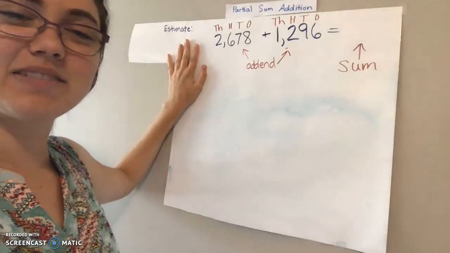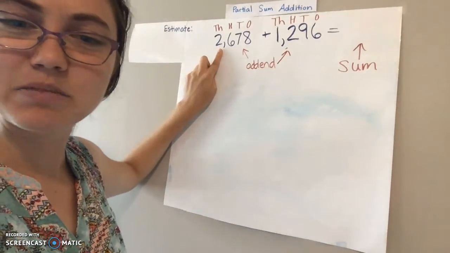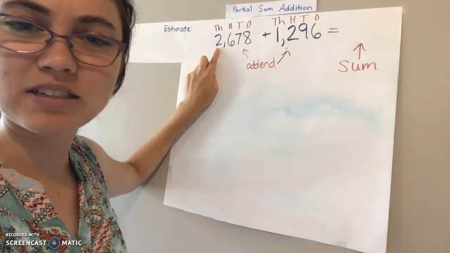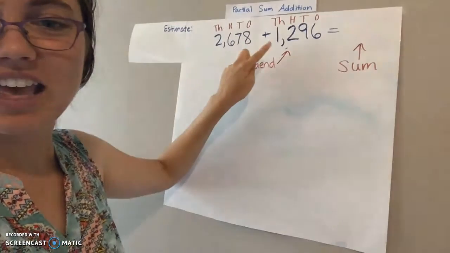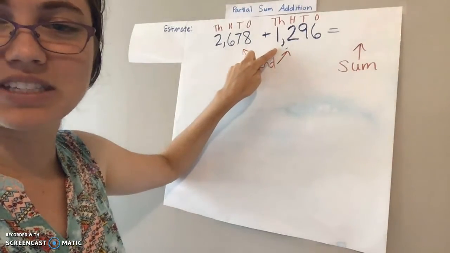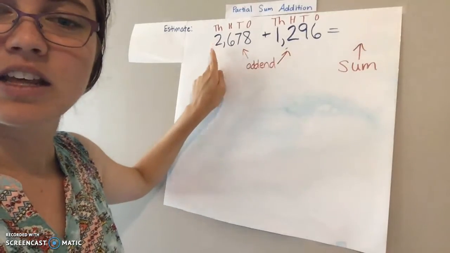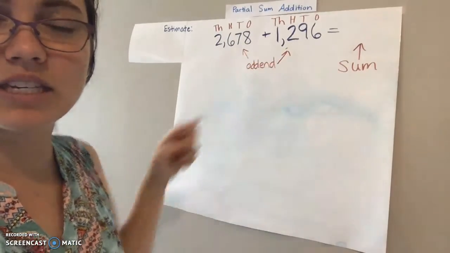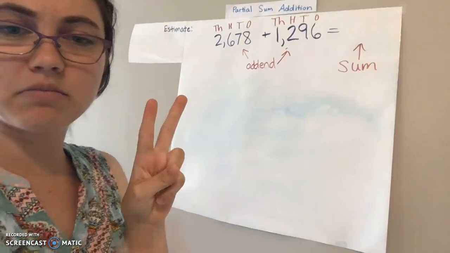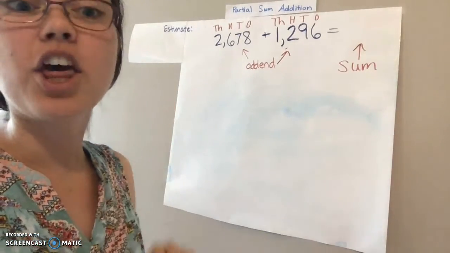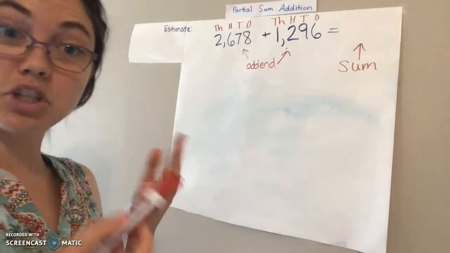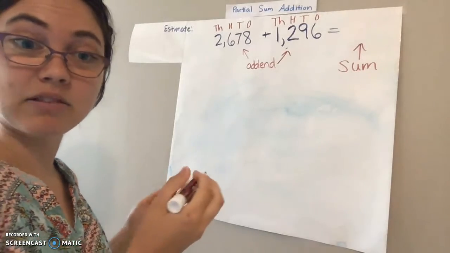So my guess, if I've got 2 in the thousands place, 2,000, and 1 in the thousands place here for 1,000, well, 2,000 plus 1,000 is 3,000. So maybe my answer will be around 3,000.